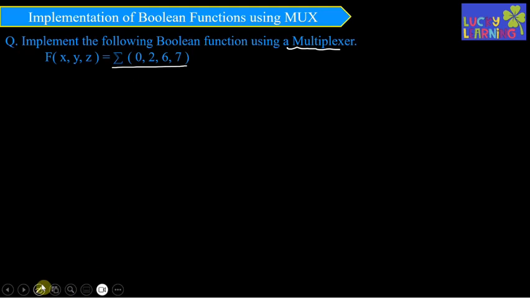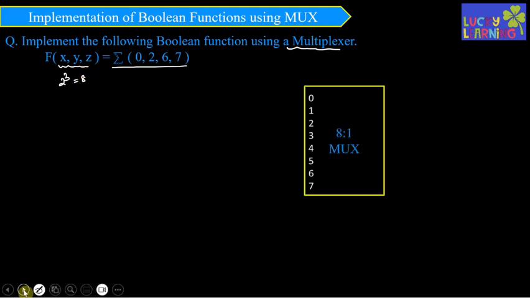So to implement this Boolean function using multiplexers, because this function has three variables, with three variables how many minterm combinations are possible? 2 power 3, 8 combinations are possible. It means to implement this Boolean function, we require an 8 by 1 multiplexer.